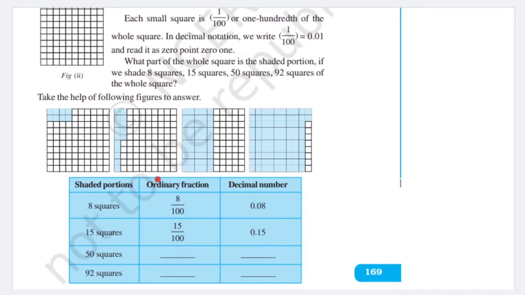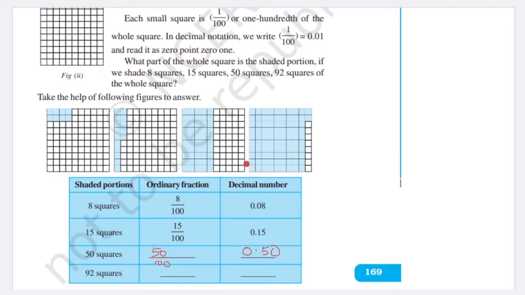The other things we will do now. 50 squares. 50 squares means it is 50 by 100. It will be 50 divided by 100 and that will be equal to 0.50 or 0.5. That means half.